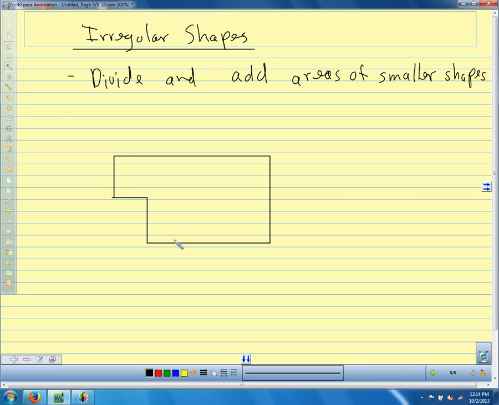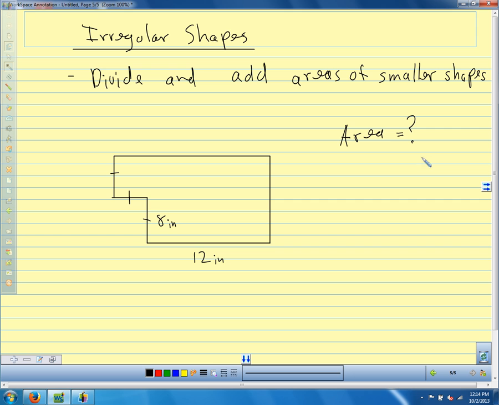So there's my shape. I'm going to say this, this, and this 8. And 12. And let's say that we're talking about inches. And we want to find the area of this odd shape.